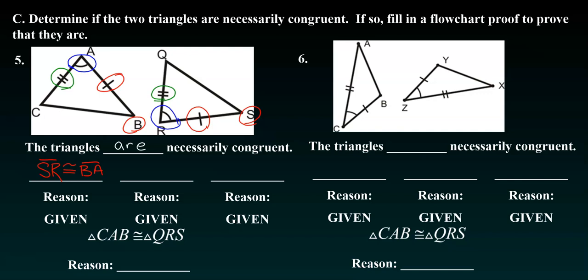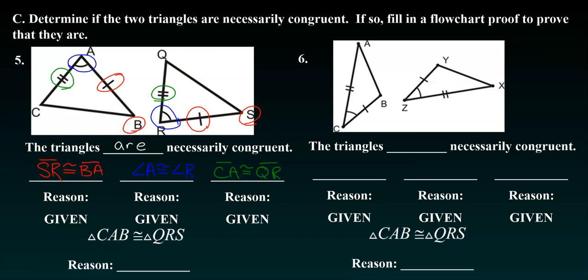So our second reasoning is that angle A is congruent to angle R. And the last thing we would state is that CA is congruent to QR.